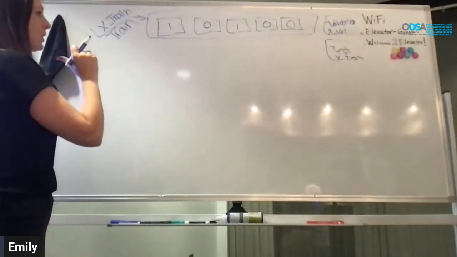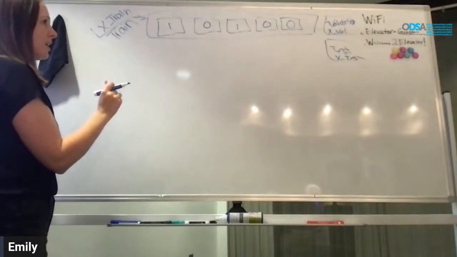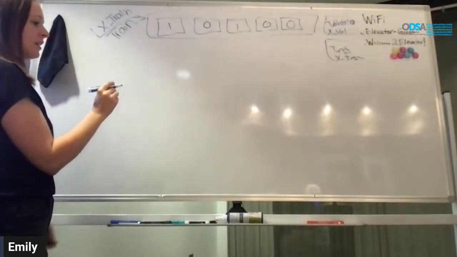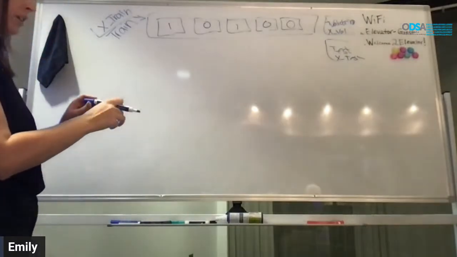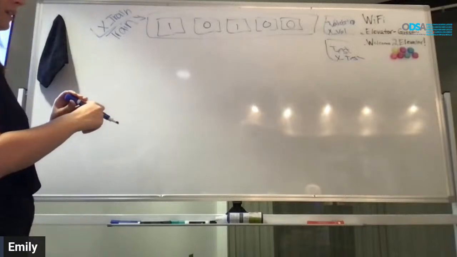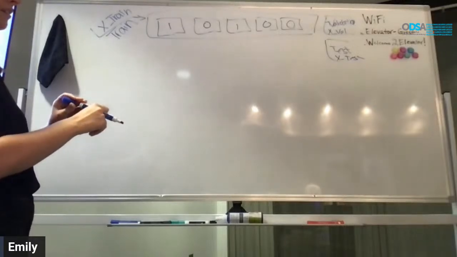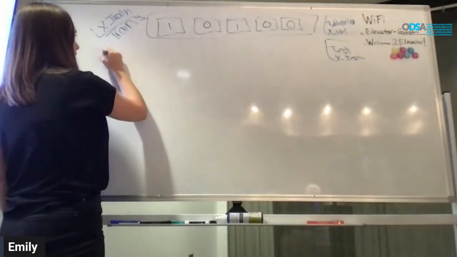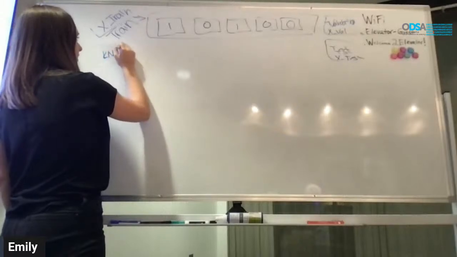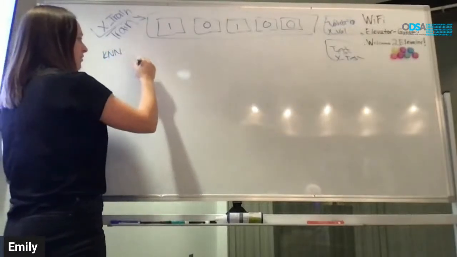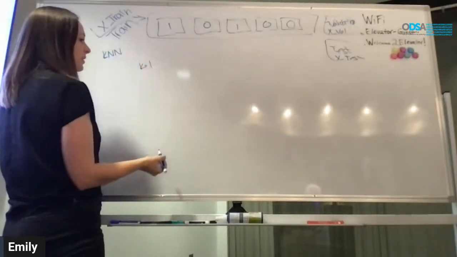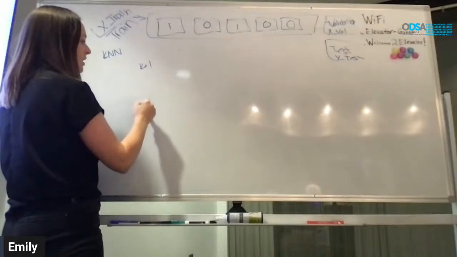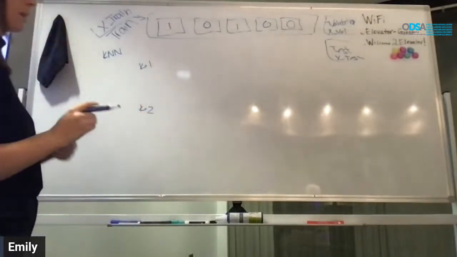So when we want to do cross-validation, let's say that we want to understand if we're applying KNN, and we want to understand if K equals 1 is better or K equals 2 is better.